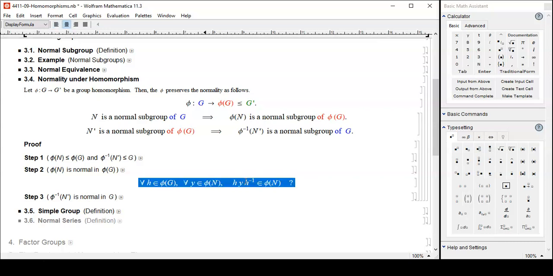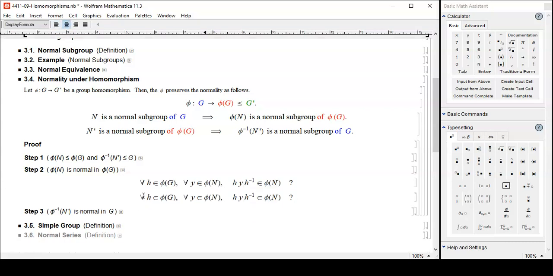Okay, all right. How can I rewrite this? What do you mean by for all h in the image phi of G? Well, arbitrary element of phi of G is a function value, so this h is actually some phi of g. Same here.